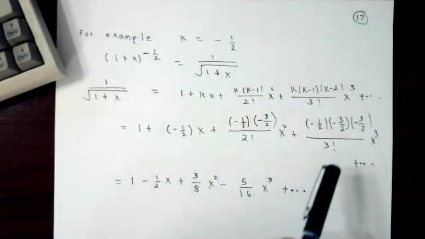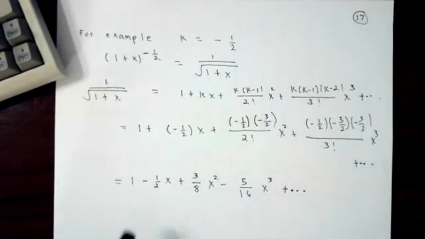So if you do that and simplify the result, you get, for the first 3 terms of the series, 1 minus 1/2 x plus 3/8 x squared minus 5 over 16 x cubed. If we needed more terms, we could get them in the same way that we got these.